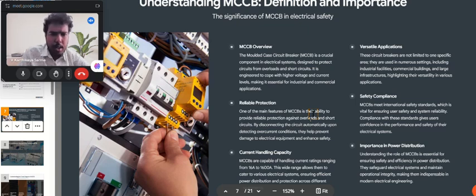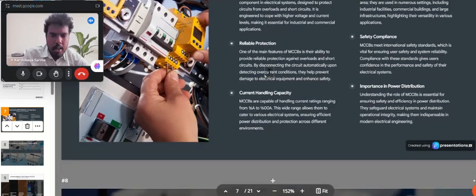The MCB, miniature circuit breaker, is applied for low voltage, typically for homes and domestic appliances, and the air circuit breaker is used for very high voltages, and MCCB is a medium one which is used for industrial and small heavy electrical components.